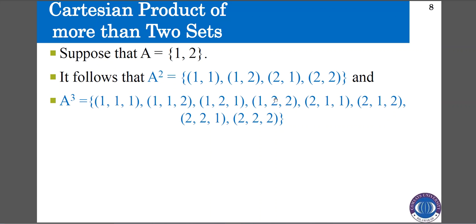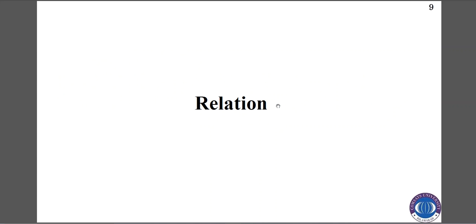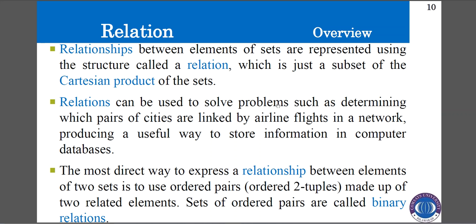Now our main topic starts: relations. A relation is between two elements, and those elements may belong to different sets or the same set. As an overview, the relationship between elements of sets is represented using a structure called a relation, which is just a subset of the Cartesian product of the sets.